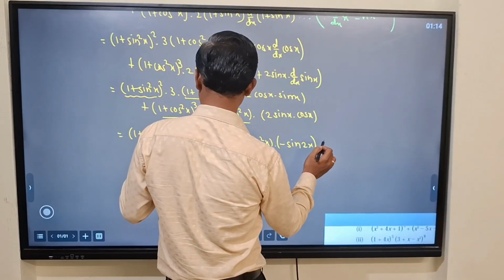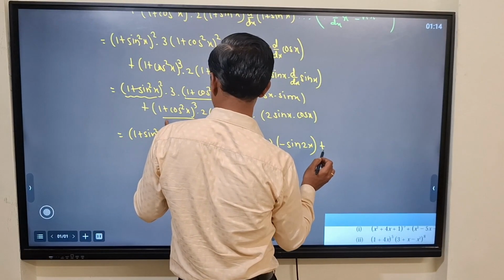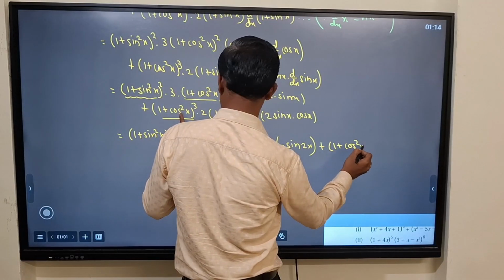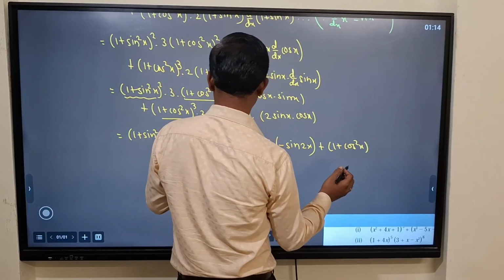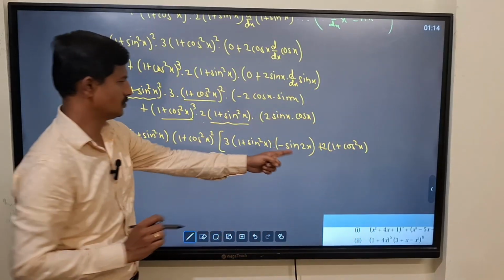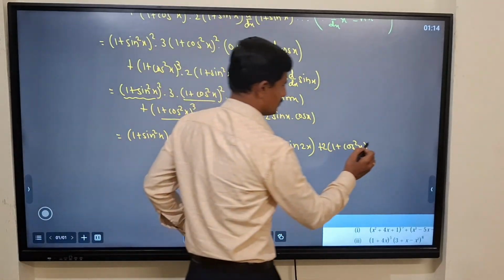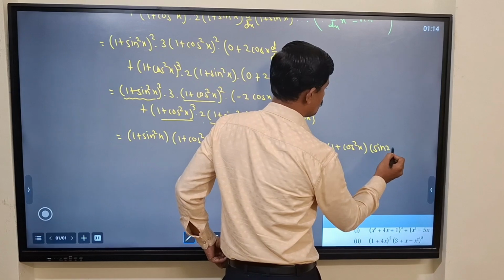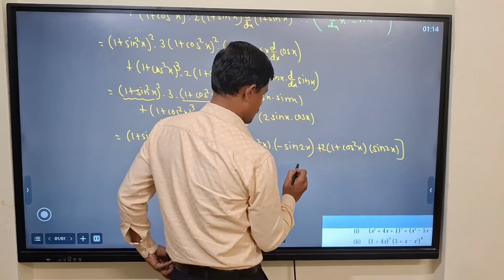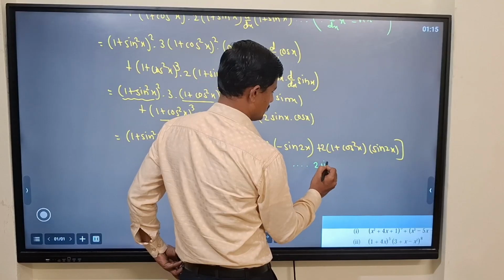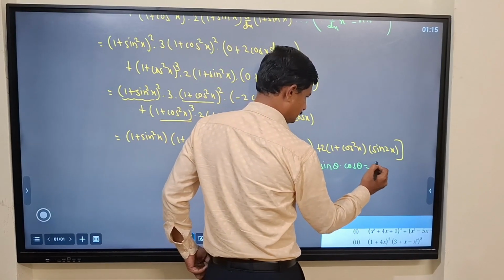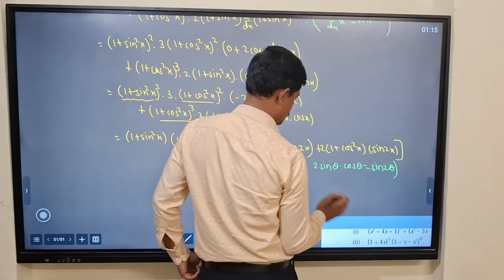And here remains plus (1 + cos²x) into, again this 2 is here, this 2 I took there, and this becomes sin 2x. Okay, here I used the formula 2 sin θ cos θ is sin 2θ.